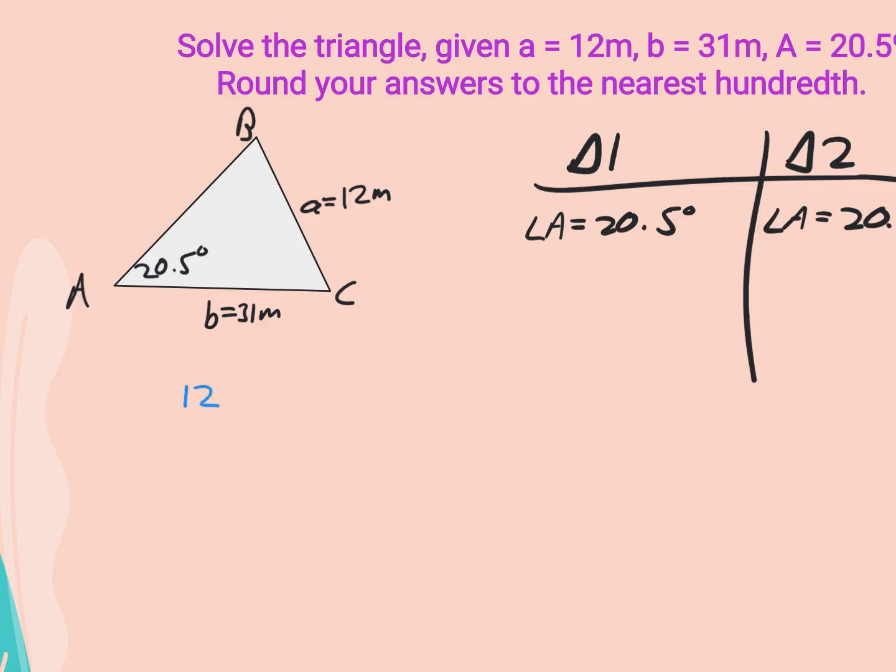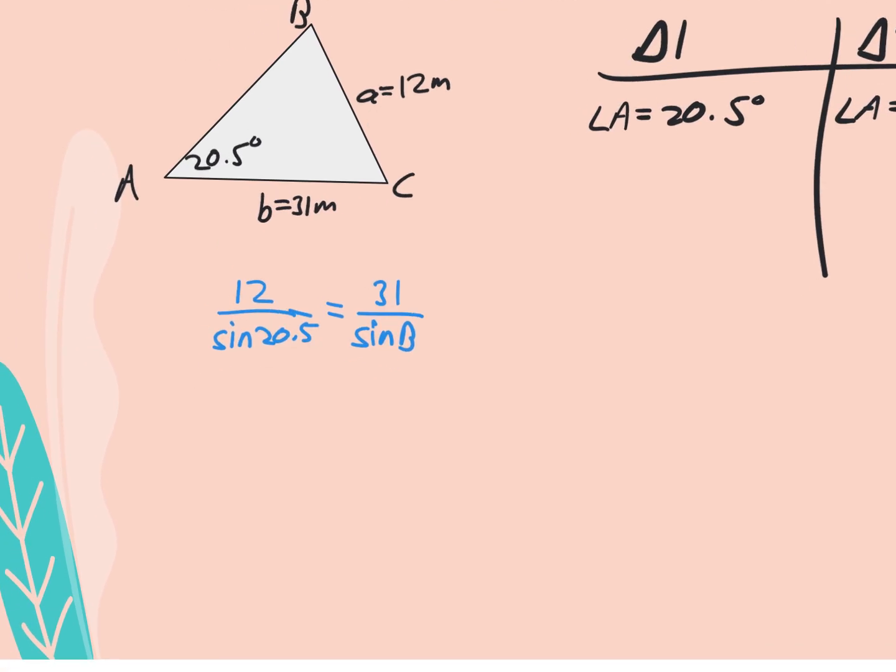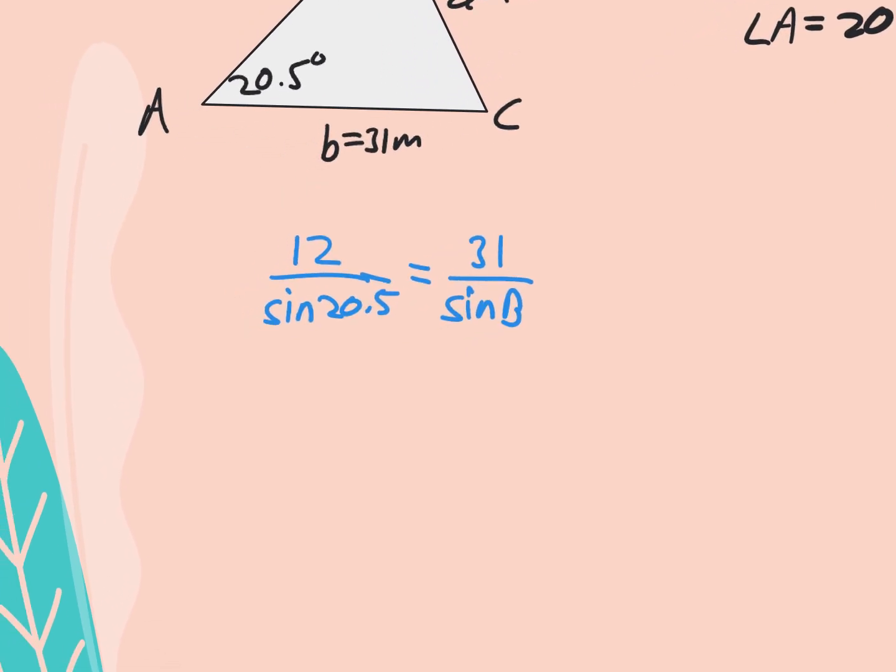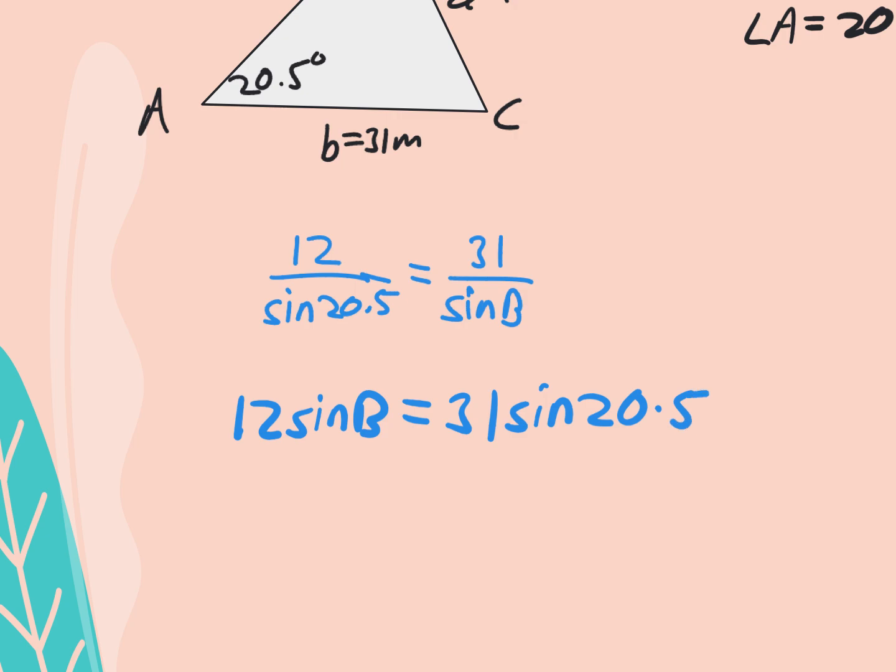It's going to be 12 over sine of 20.5 equals 31 over sine of B. We don't know what B is. So this is going to get us 12 times sine of B when we cross multiply equals 31 times sine of 20.5.